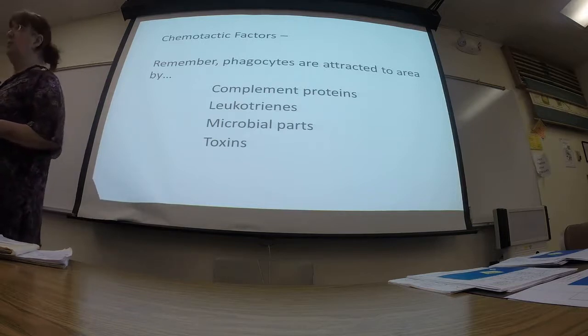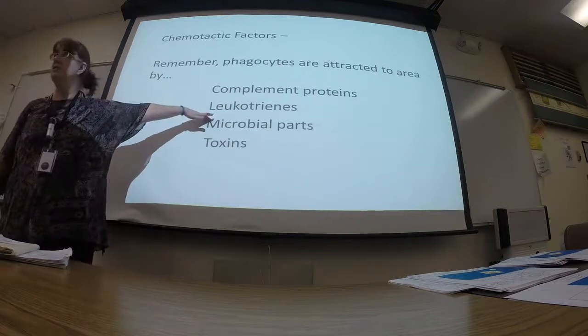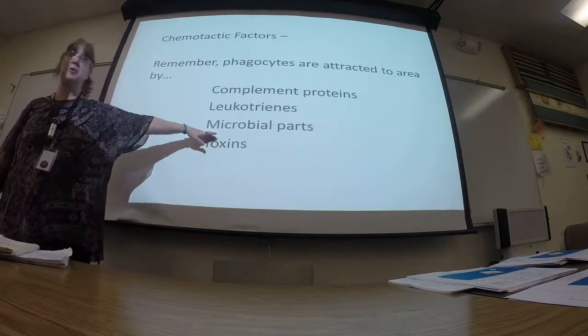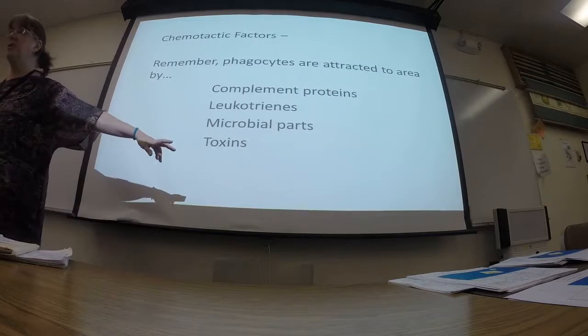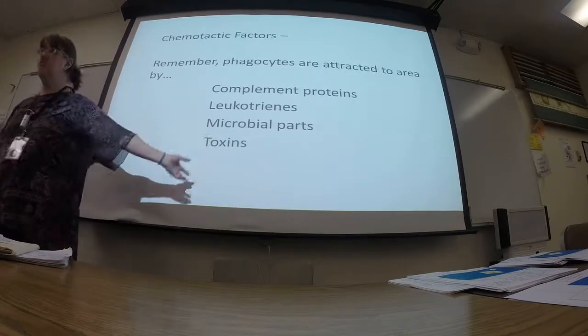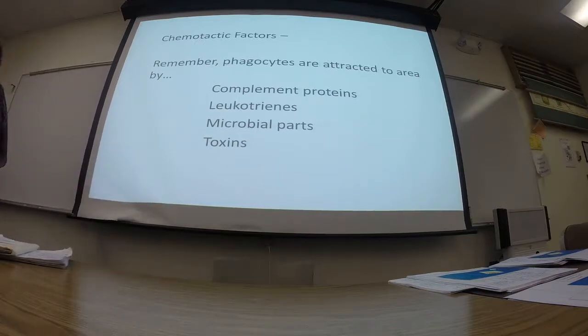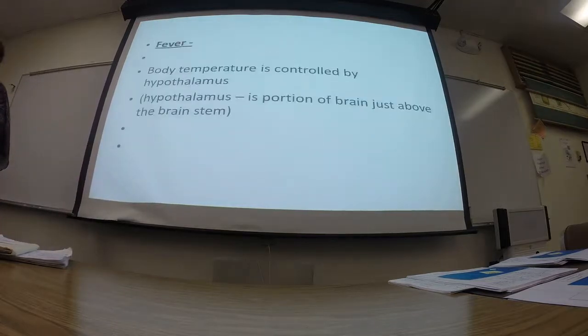Other immune cells to the site of the fight. One of the names for those is leukotrienes. That's one type of chemical. I said microbial parts, the book calls them PAMPs. Toxins are still non-self and can still cause positive chemotaxis. Okay. Are you ready to head for fever?